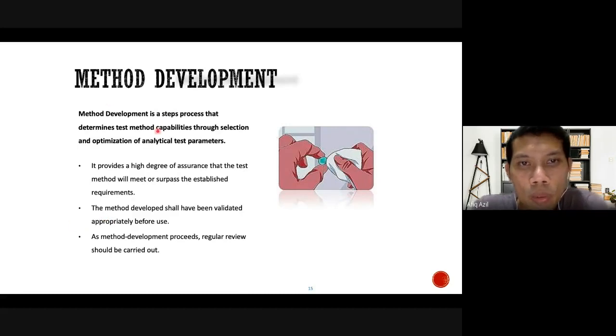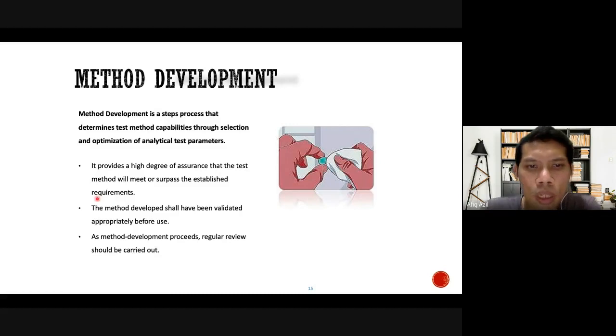So method development is a step process that determines test method capabilities through selection and optimization of analytical test parameters. So it will provide you with a high degree of assurance that the test method will meet or surpass the established requirements.